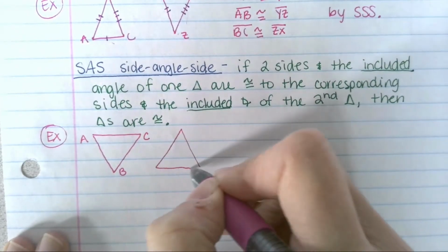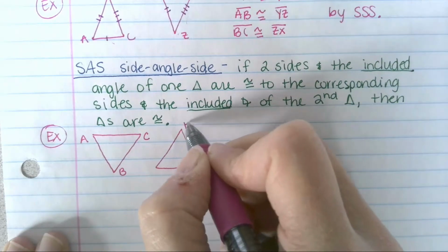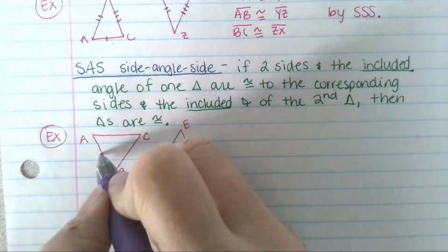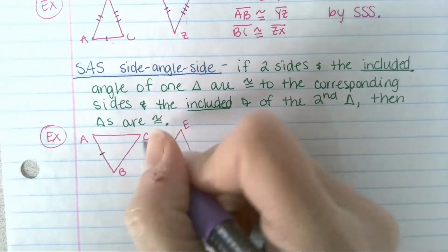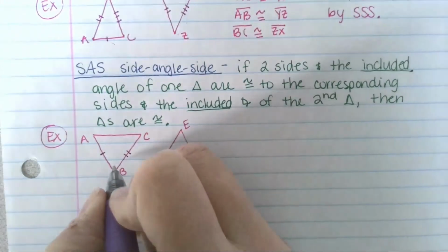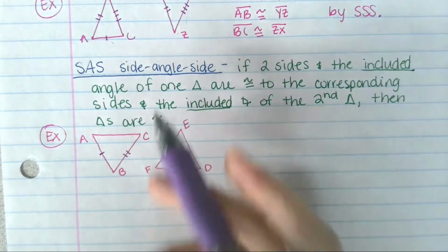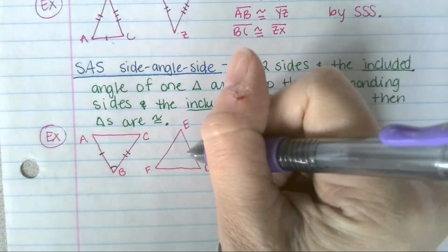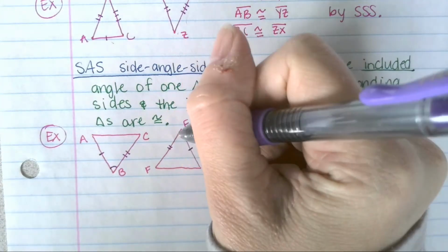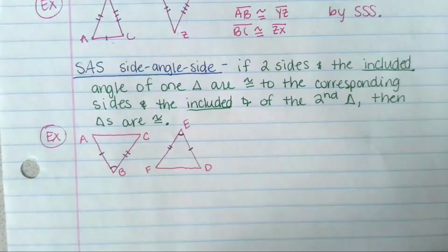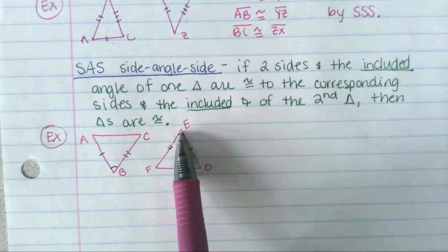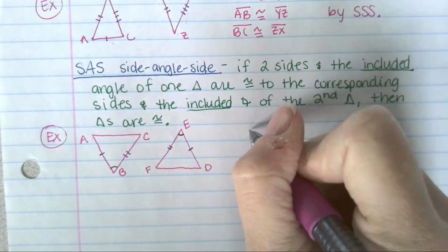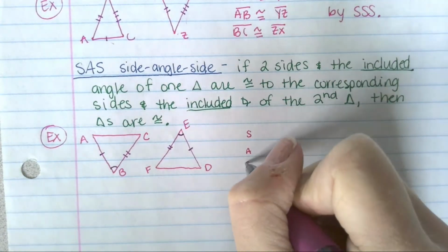So we have our two triangles. We will mark side AB and side BC. And the included angle is going to be the angle that connects these two sides. So B is in the middle of the two of them. And then over here, it looks like that. So we have two sides with an angle between them marked. So when we do that, we need a side, an angle, and a side.